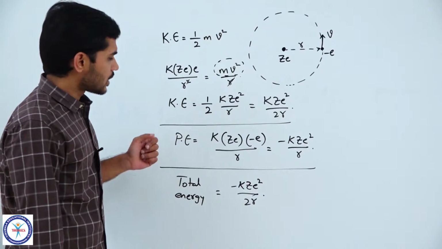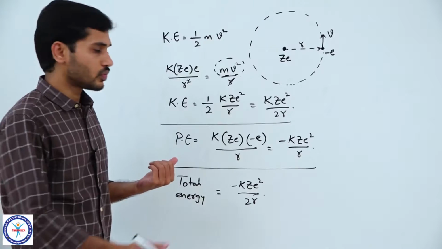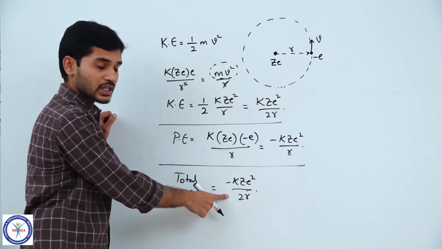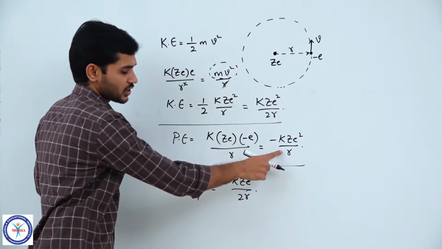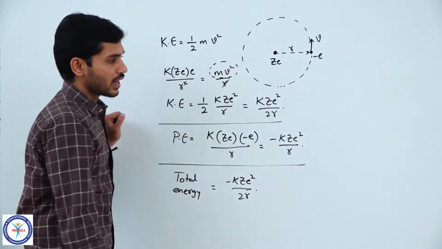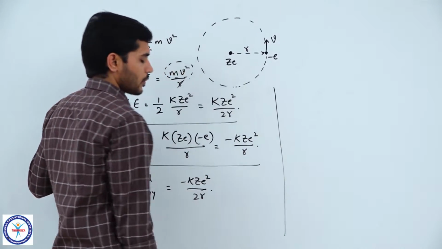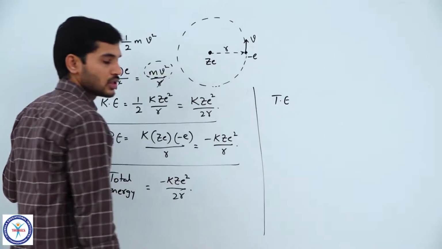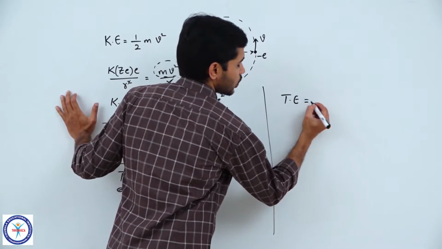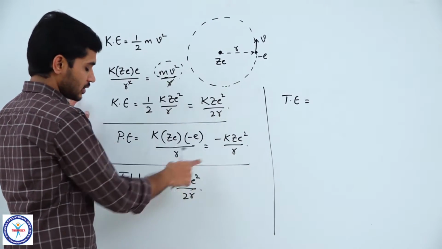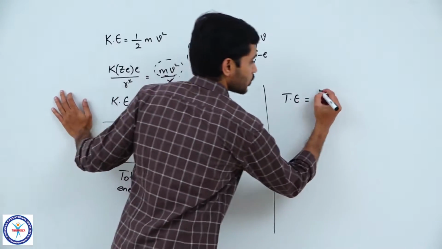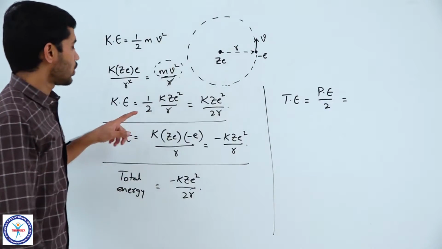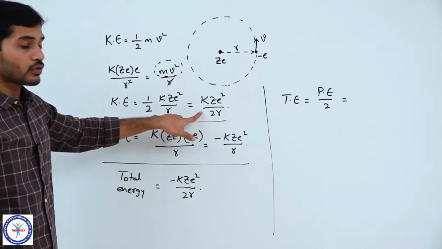Now let us write a relation between these three. We can easily see that kinetic energy is just the negative of total energy and potential energy is just double of this particular value. So, I can write it like this. Total energy, I will represent it with T. So, total energy is equal to potential energy by 2, and it is also equal to the negative of kinetic energy.